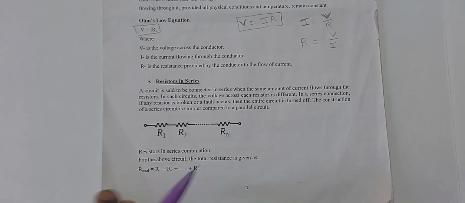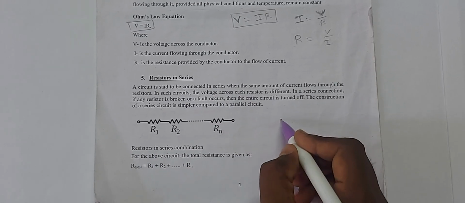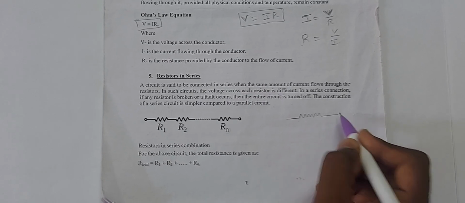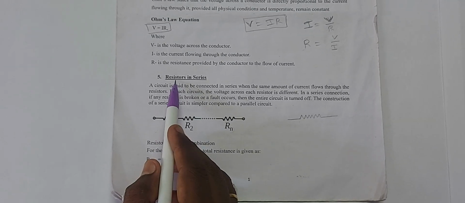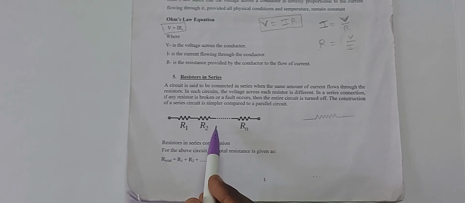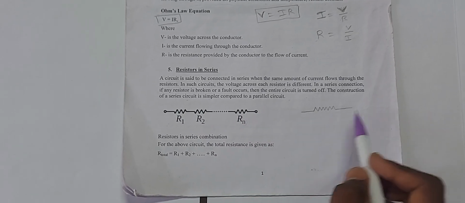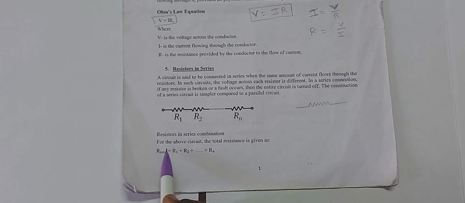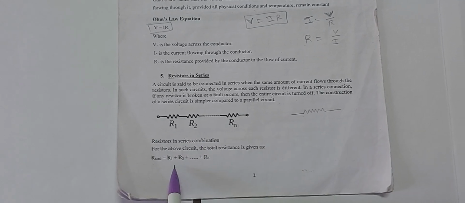And we are going to see about resistance in series. What will happen if you connect the resistances in series? Already you know the symbol of resistance. Now I am going to connect them in series. Series means the resistances are connected one by one, like this. The total resistance is the combination of all the resistance values.